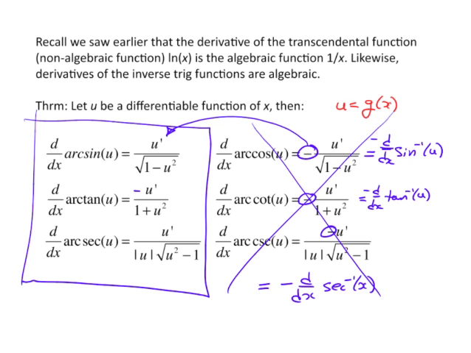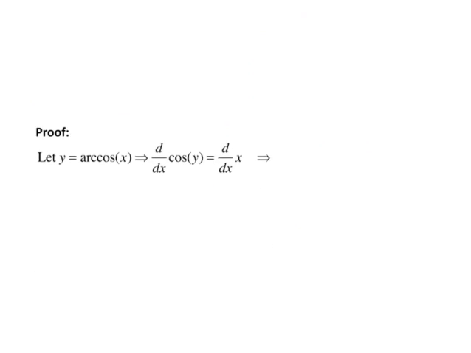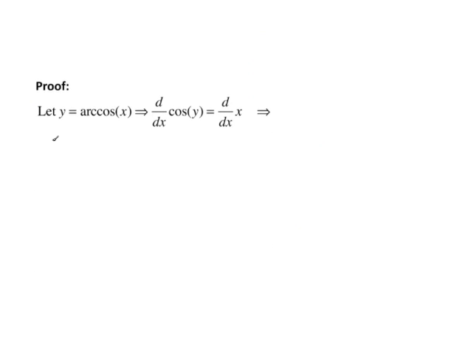Now, let's very quickly prove one of these. I'm not going to go through all of them, but let's take a look at the proof of one. I want to prove the derivative of arccosine of x. So y is equal to arccosine of x. That means cosine of y equals x, so d/dx of cosine of y equals d/dx of x.